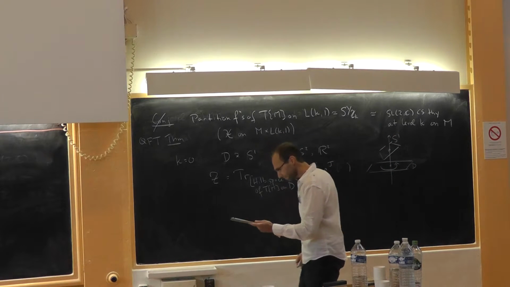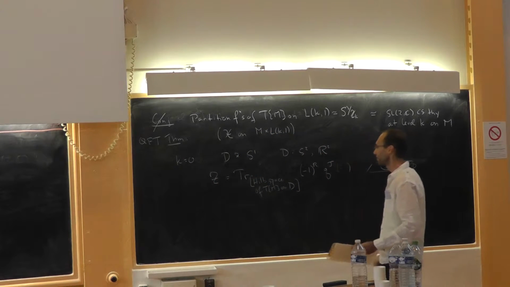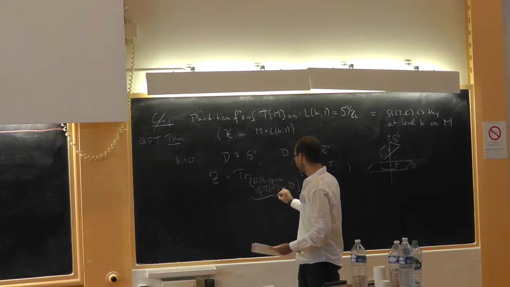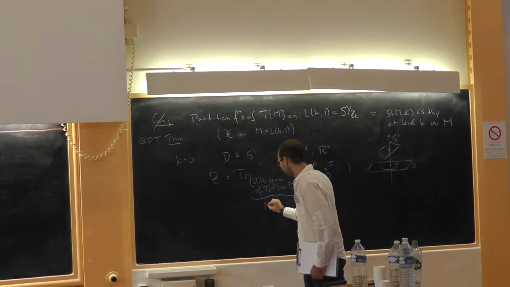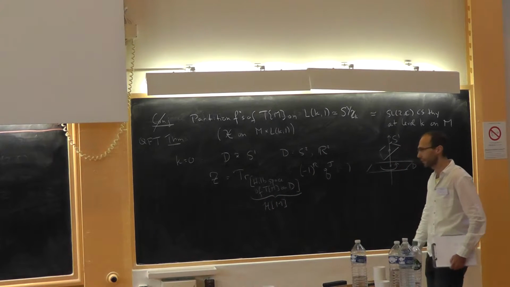And that's the partition function I wanted at the beginning of the talk. I've erased it now. And this Hilbert space of T of M on D is the H of M that I introduced at the beginning.